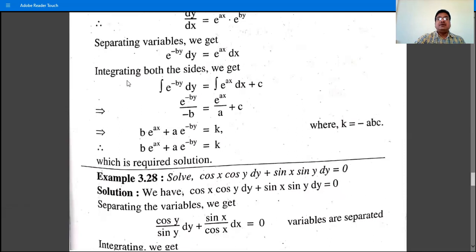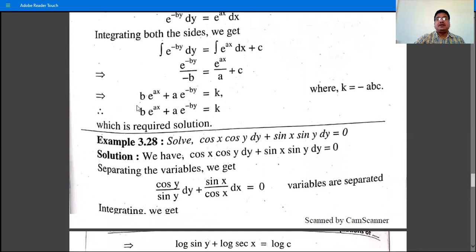And then we have to integrate both sides. So what we have? This e raised to minus by integration is e raised to minus by divided by minus b. And then integration of e raised to ax is e raised to ax divided by a, derivative of ax, plus constant of integration. So it is b e raised to ax plus a e raised to minus by, divided by ab, equal to constant of integration.